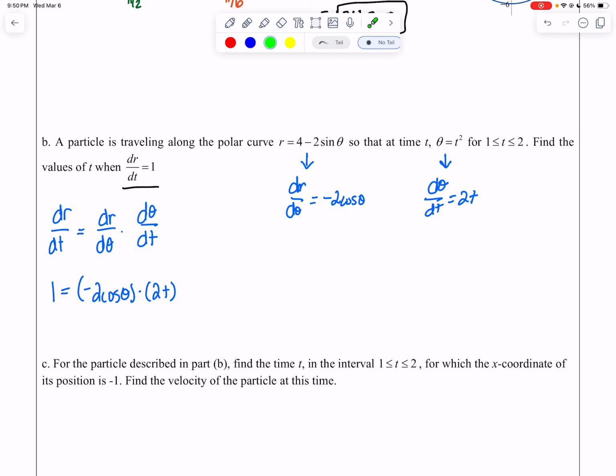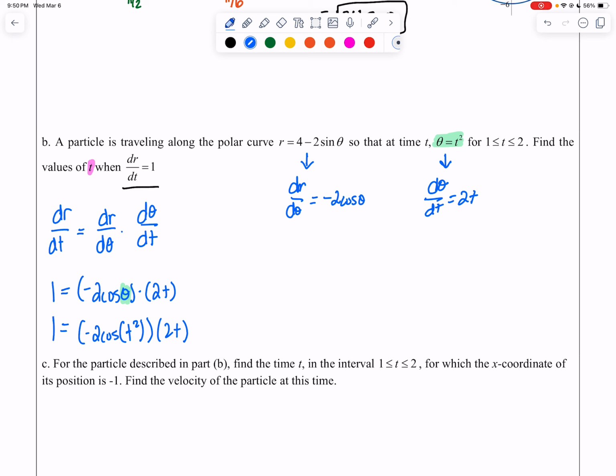And right now, I want to find values of t. I don't want theta. Well, if I were to look at the question, hopefully you notice that theta is equal to t squared. And if theta is equal to t squared, I can use that substitution right here. So that now I have 1 is equal to negative 2 cosine of t squared times 2t.